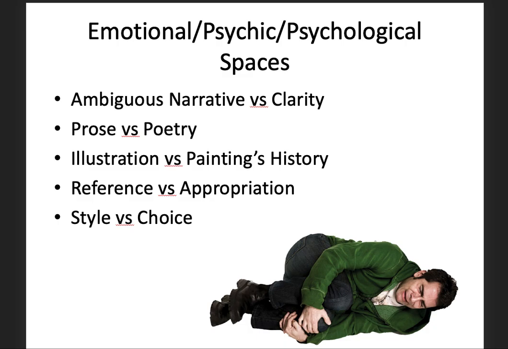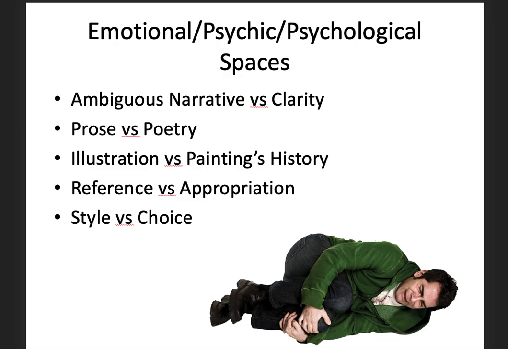You can equate it to essentially prose versus poetry, being direct versus being open-ended, or more sensual, meaning of the senses. You have illustration, which is very direct and very much about a clear-cut interpretation, versus painting's history, which uses all sorts of cues, all sorts of hidden contextual things, visual puns, etc.